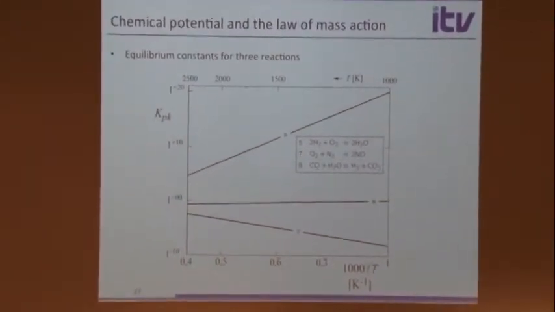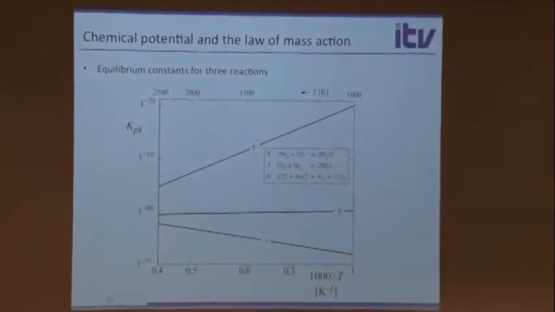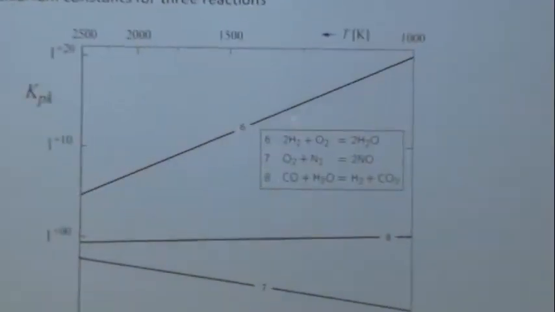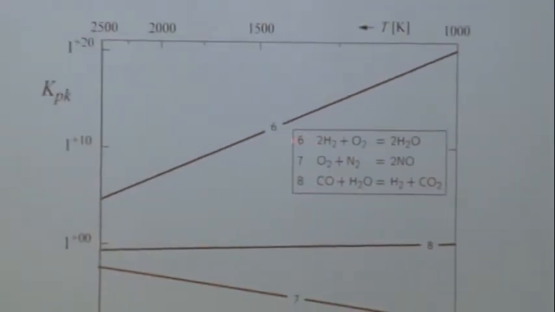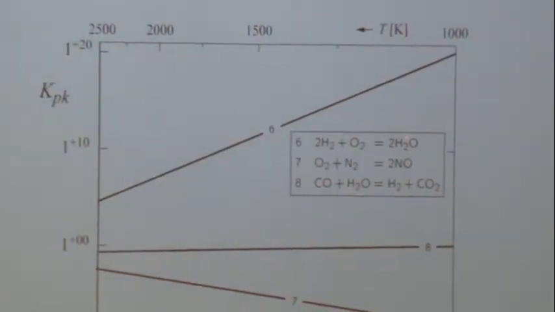Basically, these are equilibrium constants for 3 different global reactions. And you see here, this is evaluated at a certain pressure because these do not necessarily have the same number of moles, and so the P naught stays there. It depends on the pressure.